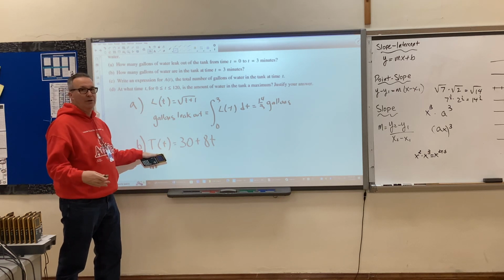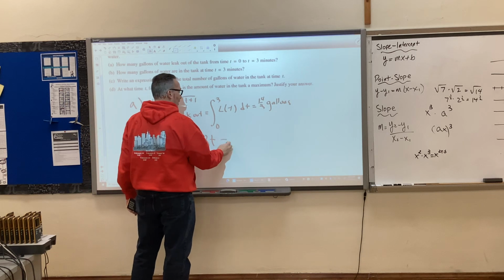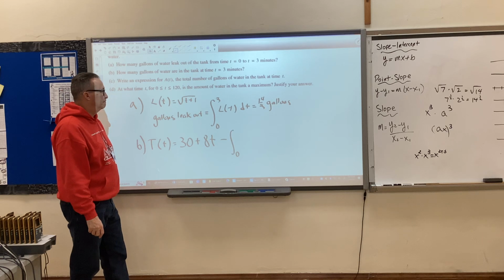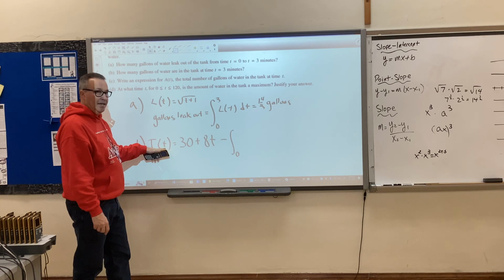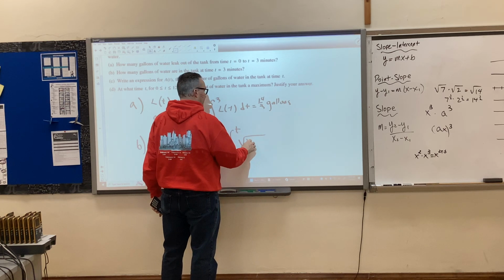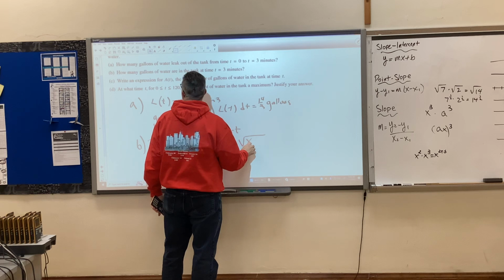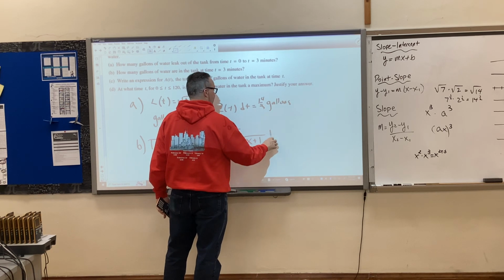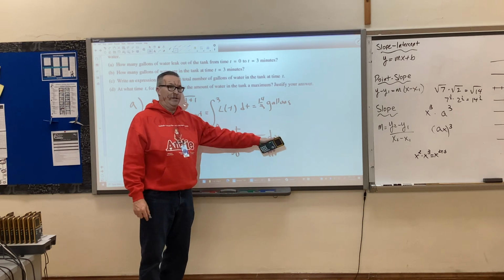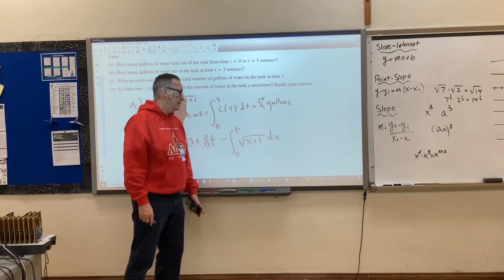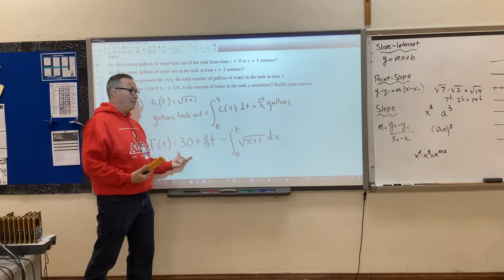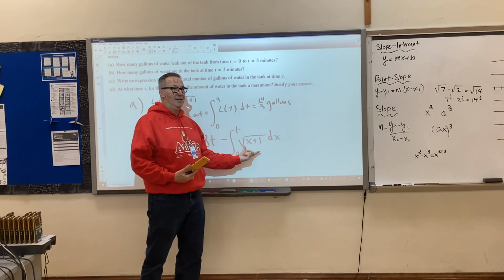That's the function that'll find the total amount. And then we subtract what? 0 to t. And then this is where things get weird. Plus one. It's plus 1. So the variable on your integral can't match the variable in your integrand, right? So this is the equation that finds the total amount. It's the amount you start with, plus the amount that's added, minus the amount that's subtracted.